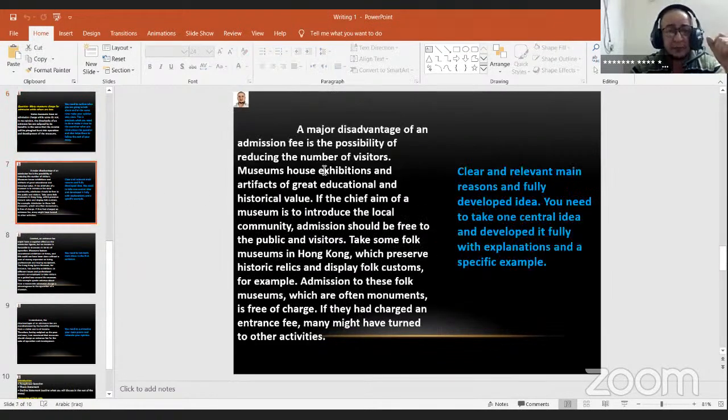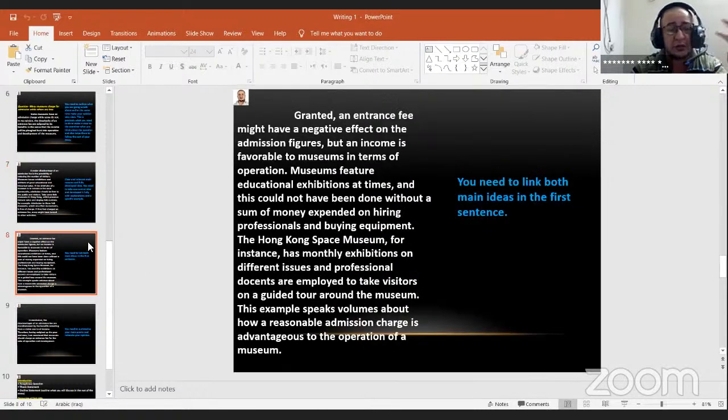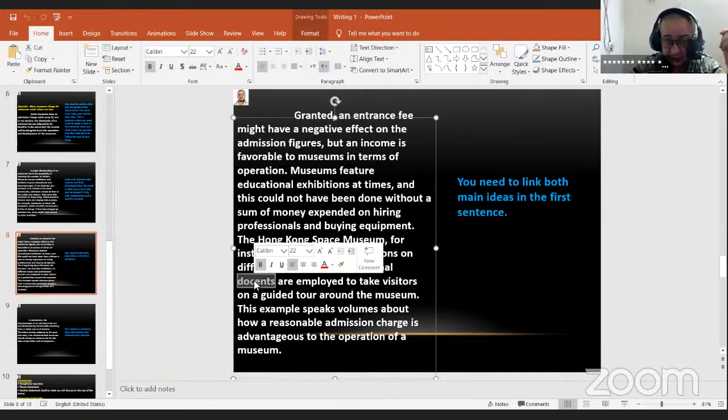Okay, here, if we notice here, artifacts, we have also chief aim, also speaks volumes here. They all give high band word score. And also here we have docents.